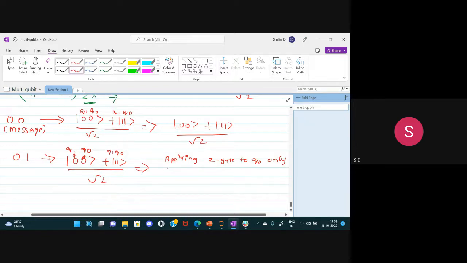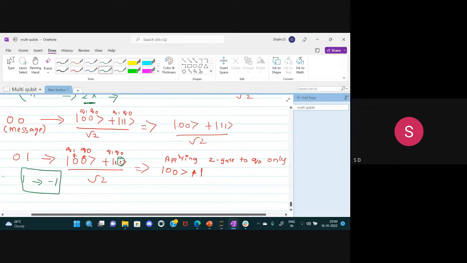The condition for the Z gate: if you have 1, it will become minus 1. So 00 will be the same. And in this, Q0 is 1, so it will become minus 1.